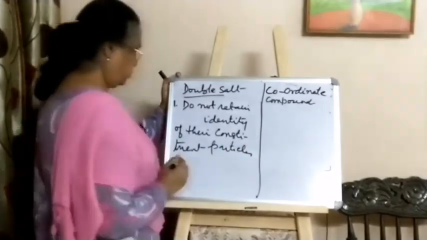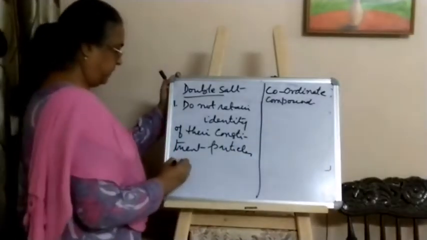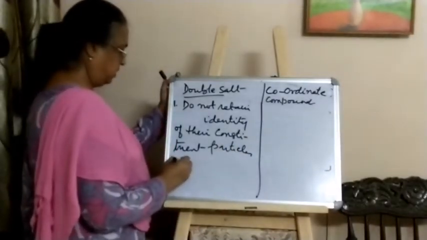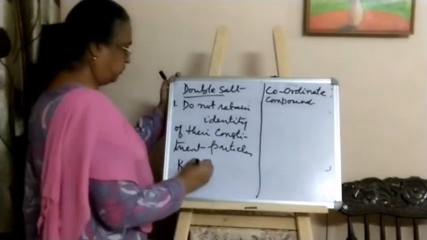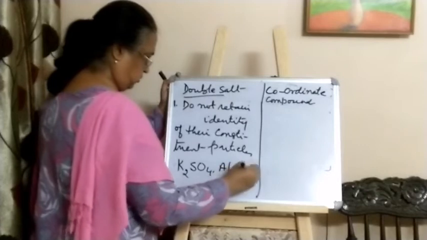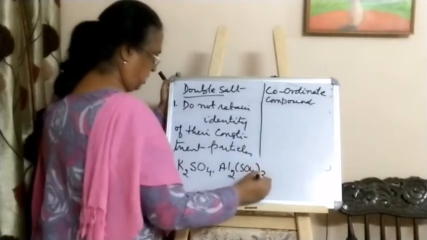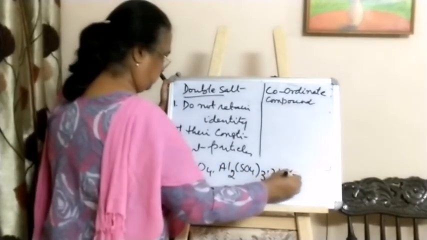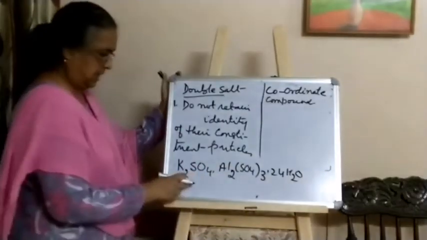What are the constituent particles in potash alum, K2SO4.Al2(SO4)3.24H2O? What is there?